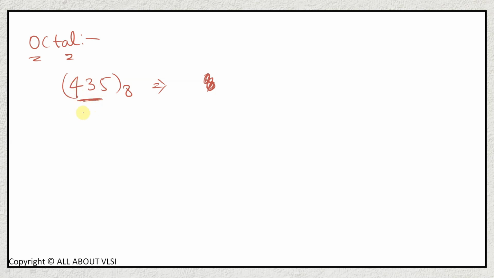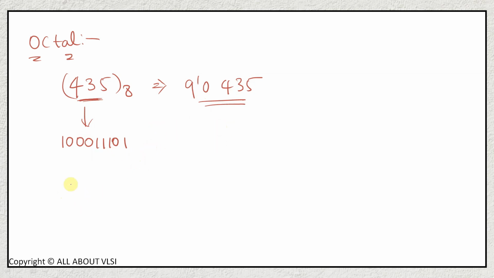If we convert this into binary, it is 100 011 101, that is 9 bits in total. So we will write 9 tick O 435. This is how we are going to represent an octal number in Verilog.